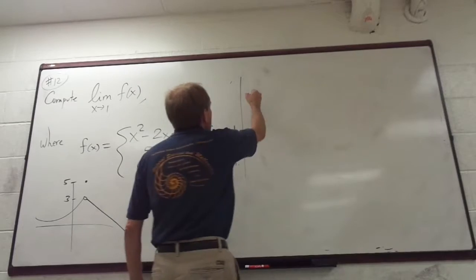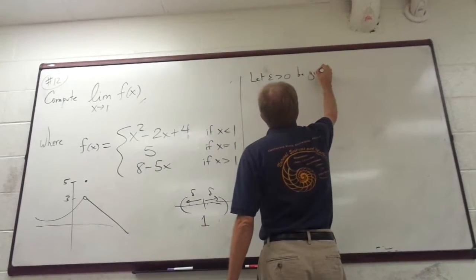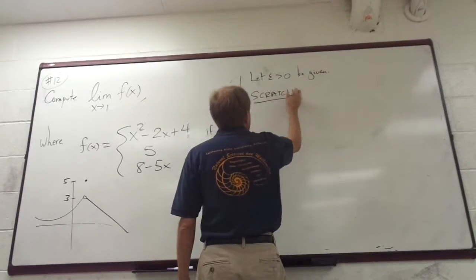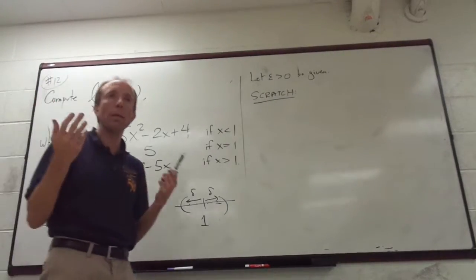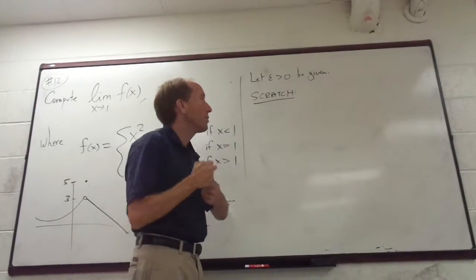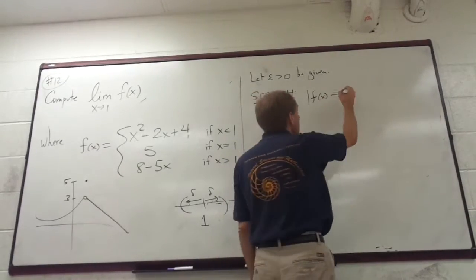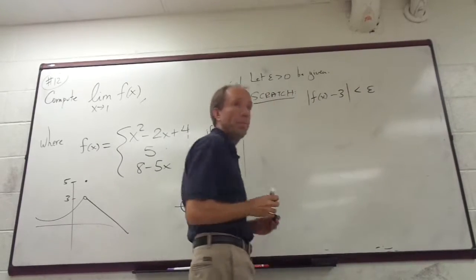Okay. So let epsilon greater than 0 be given, right? And then what we have to do is do some scratch work to write out how to come up with the delta. So the scratch work is going to consist of looking at the absolute value of f of x minus L, the L being 3, less than epsilon here.